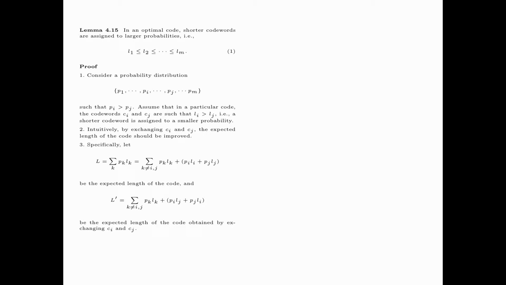And we let L prime be the expected length of the code obtained by exchanging Ci and Cj, so L prime is equal to the summation over k not equal to i and j, pk lk, plus pi lj plus pj li. Note that Li becomes Lj here, and Lj becomes Li here.